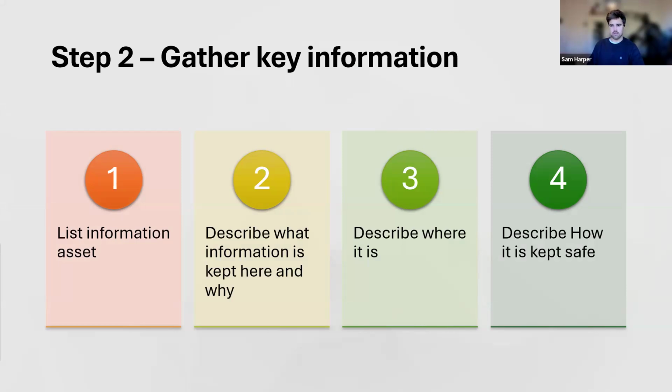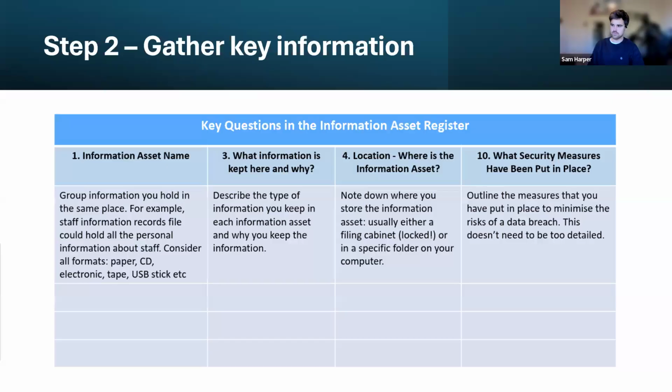So as I said, it could be a filing cabinet, could be a mobile phone holding data, could be a system on your computer storing records. What are the assets? What is holding that data? Is it your computer? Is it your phone? Is it a cloud system? Is it a system supplied by a third party? Is it a filing cabinet? Is it an office? Describe what information is kept in those assets, one by one. Describe where it is and describe how you're keeping it safe.